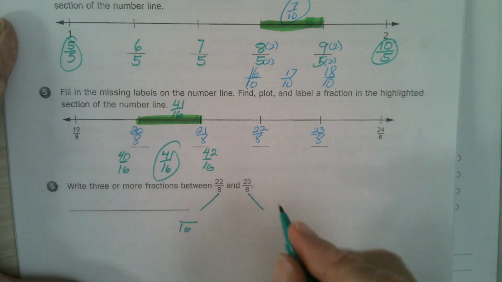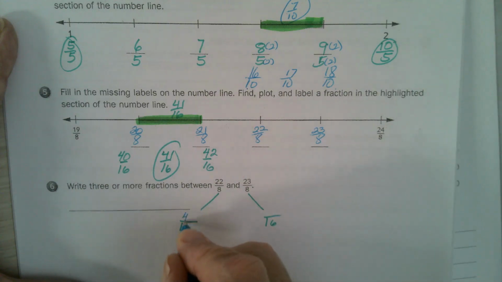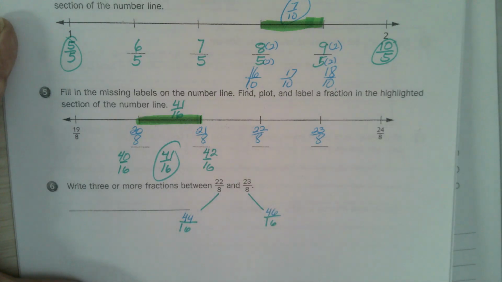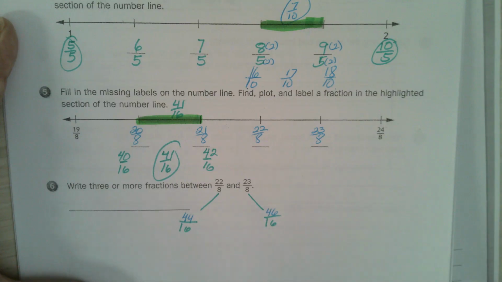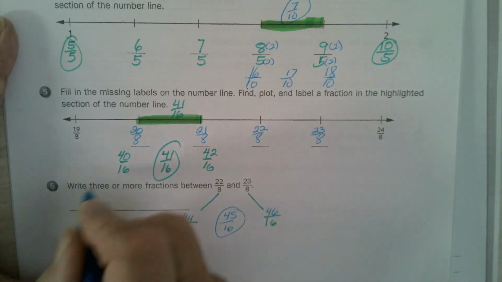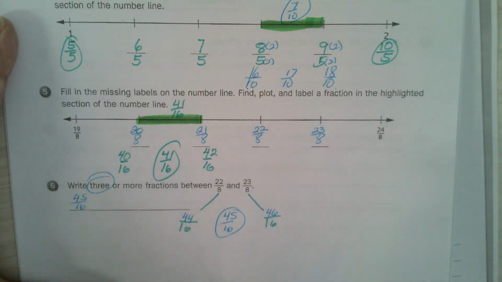So that's going to be a 16, and this one's going to be a 16. That'll be 44 sixteenths and 46 sixteenths. What's in between a 44 and a 46? Yes, 45 sixteenths. That's one of them. But they want 3 of them. So we have 45 sixteenths.